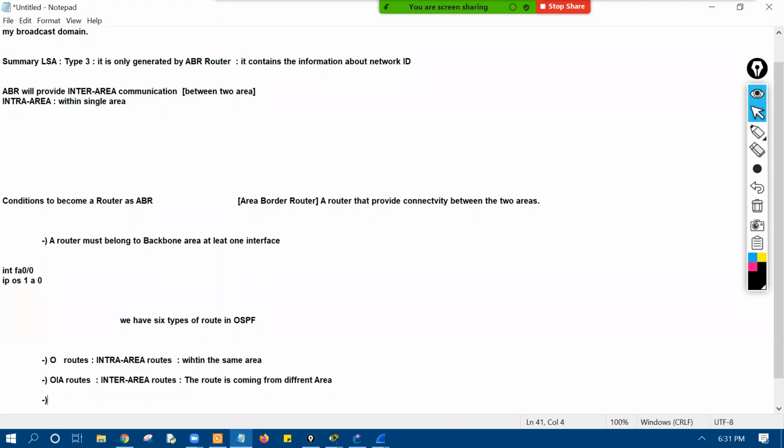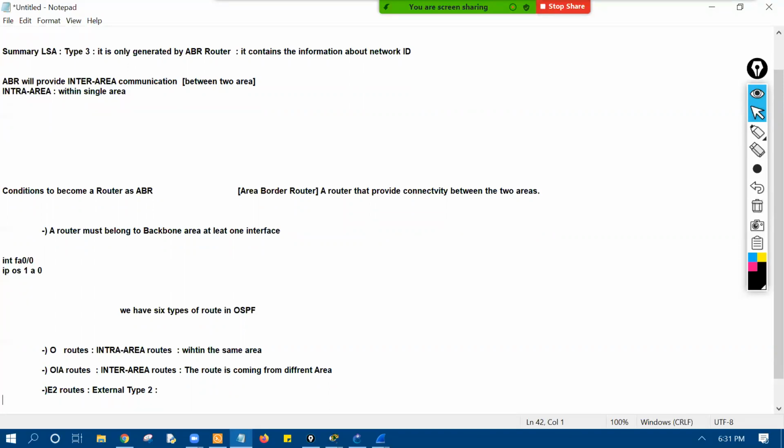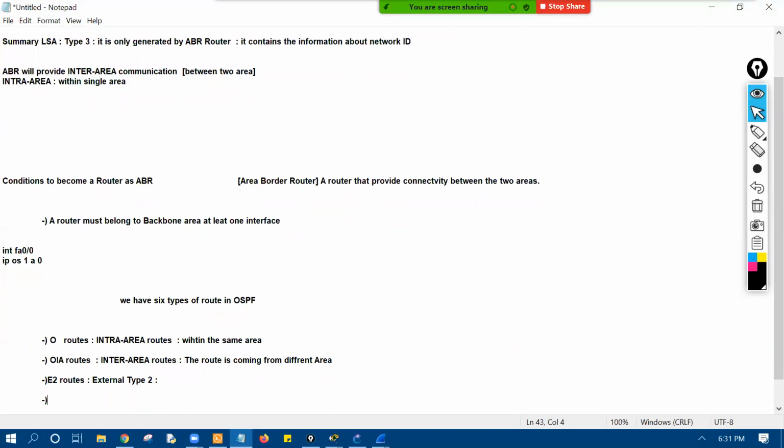Then we have an E2 route, external type 2. Okay, I'm not going to discuss this in much detail. I'm just showing you whatever so that you will have an overview of this one, right?